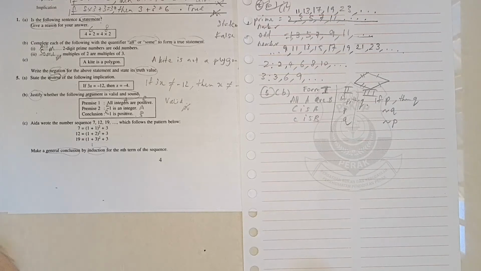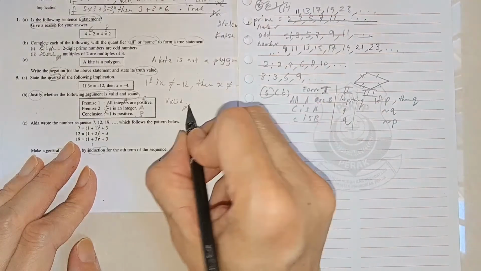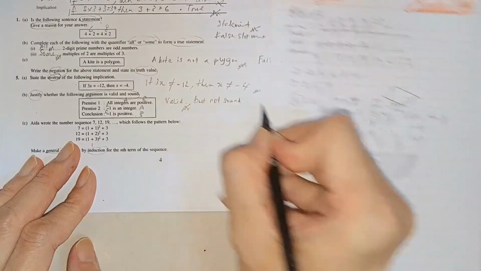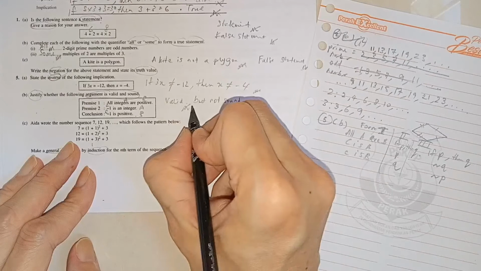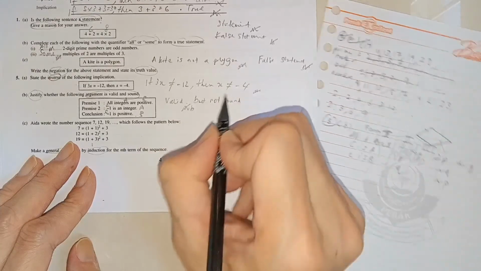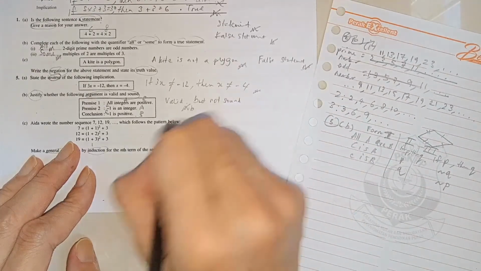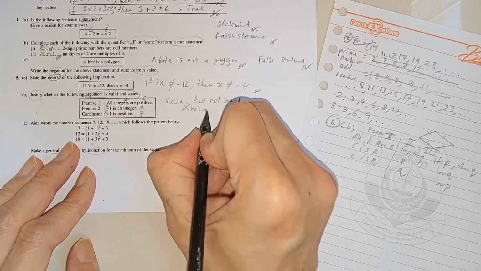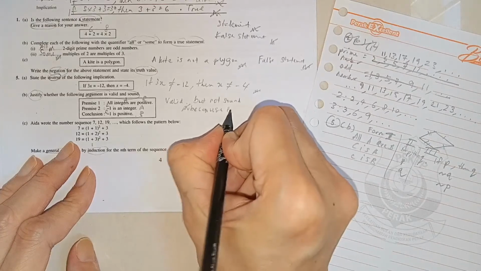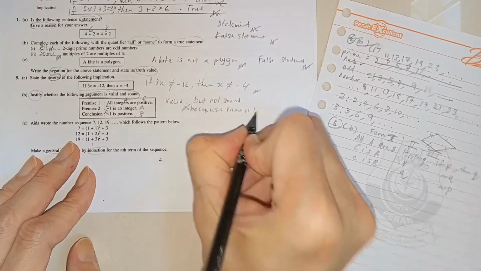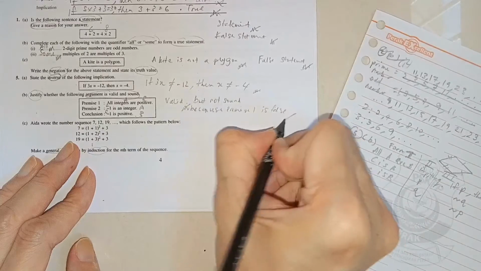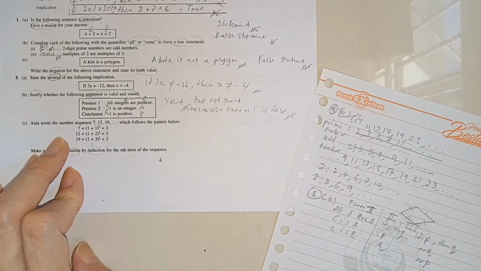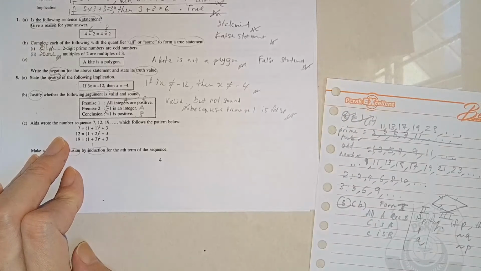So you can straight away write: valid but not sound. If they ask, you must write down the reason for not sound. If sound or valid, no need to write a reason. If not valid or not sound, you must write a reason, because premise 1 is false. Very simple, because it is false, so this one is not sound.